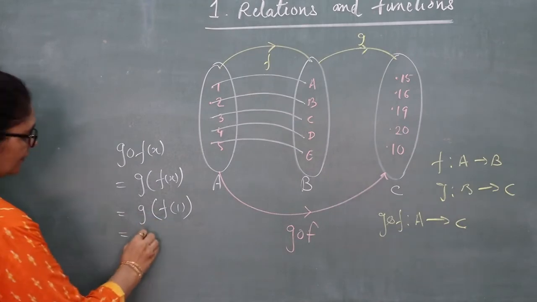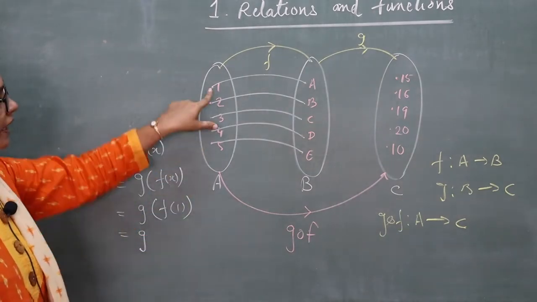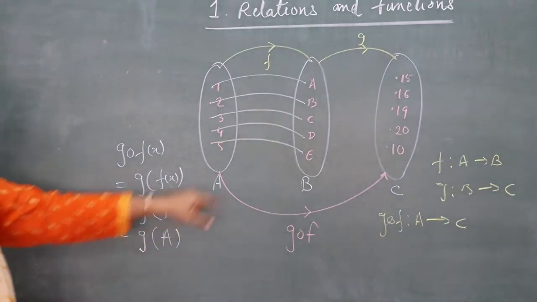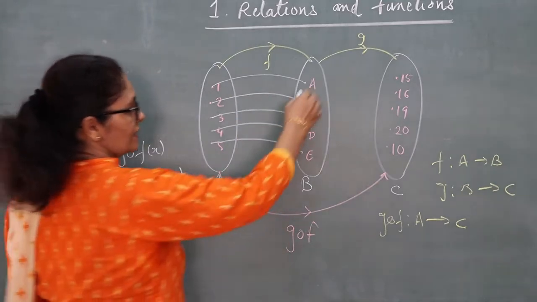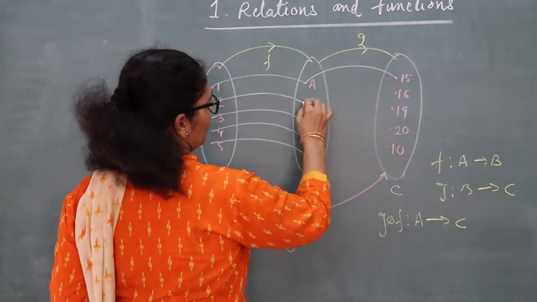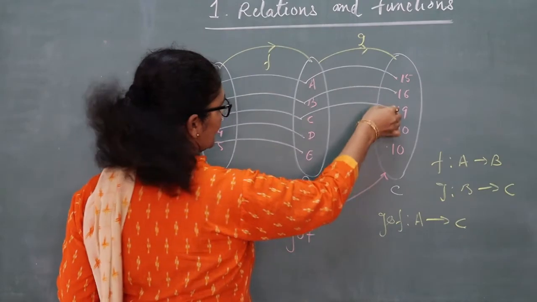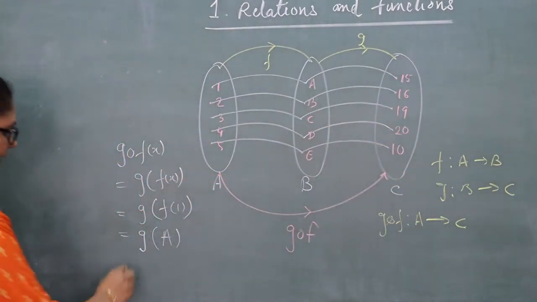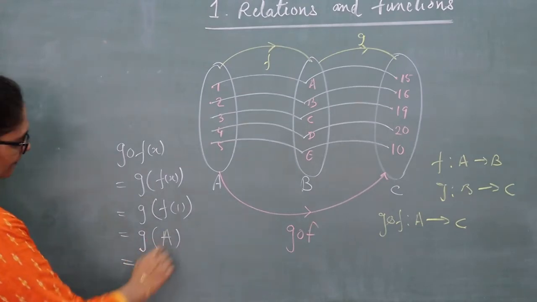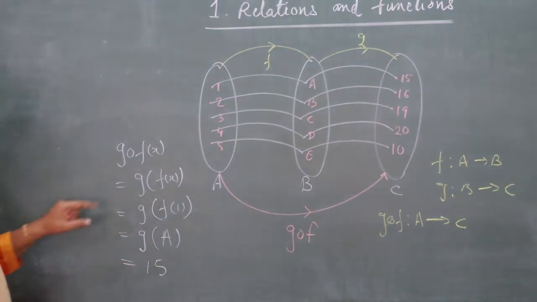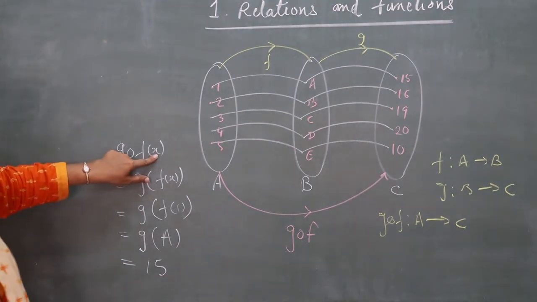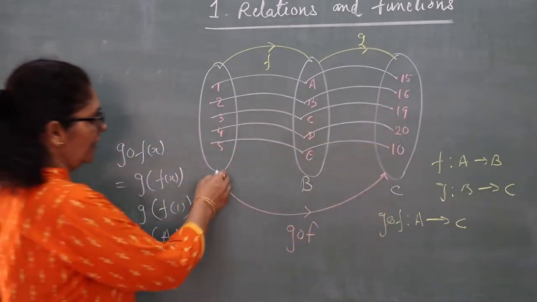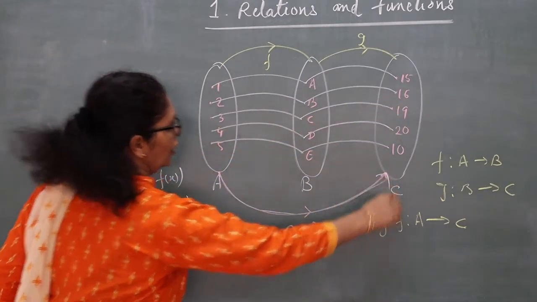So f of 1 is the assigned A. Now g of A: with A, 15 is assigned in g, with B 16, with C 19, with D 20 and E 10. So in place of A, g of A is 15. What is the meaning of it? Roll number 1 gets 15 marks, that is g over f.